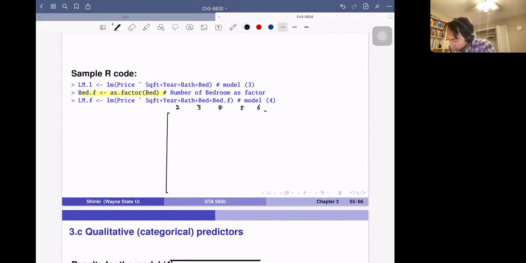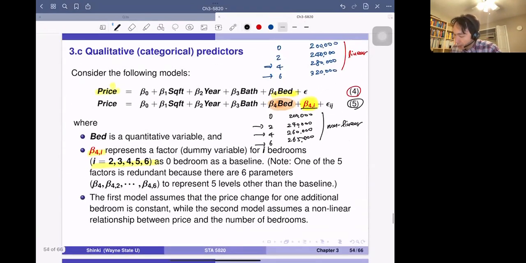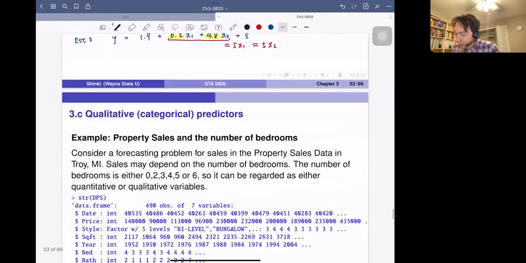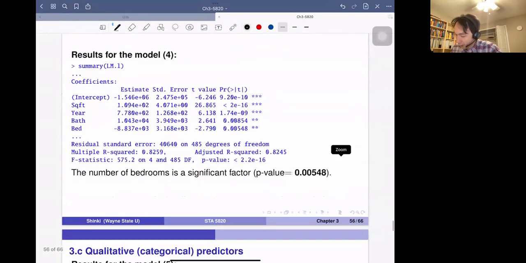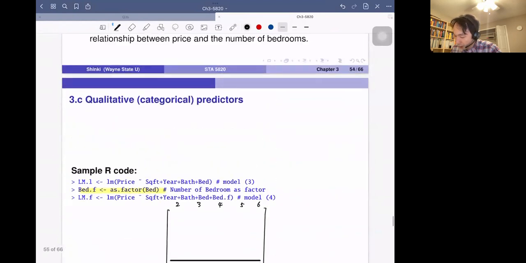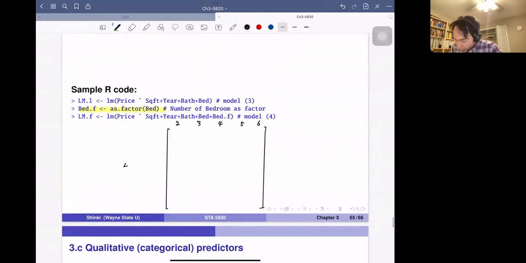So some observations. How many observations do we have here? I don't know, maybe 150. No, about 1, 2, 3, 4, 5, maybe 490 observations, and we have an indicator variable like this.